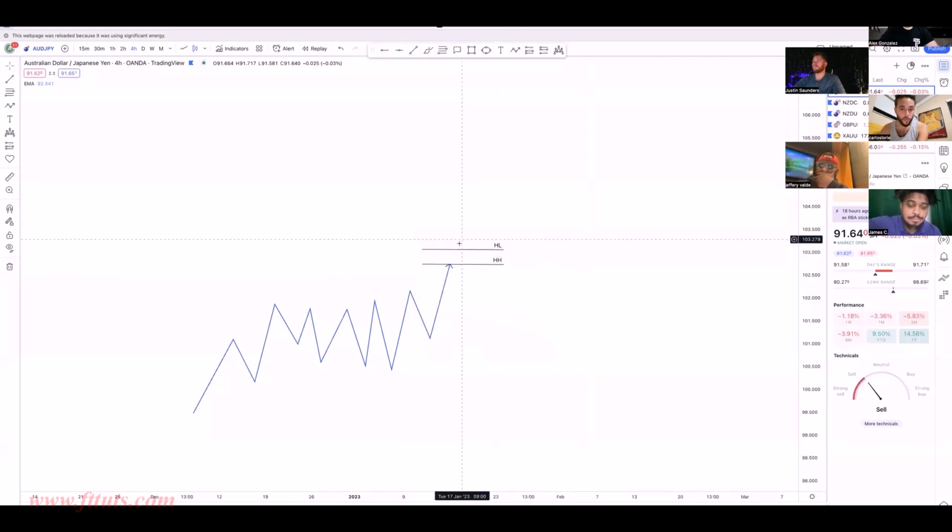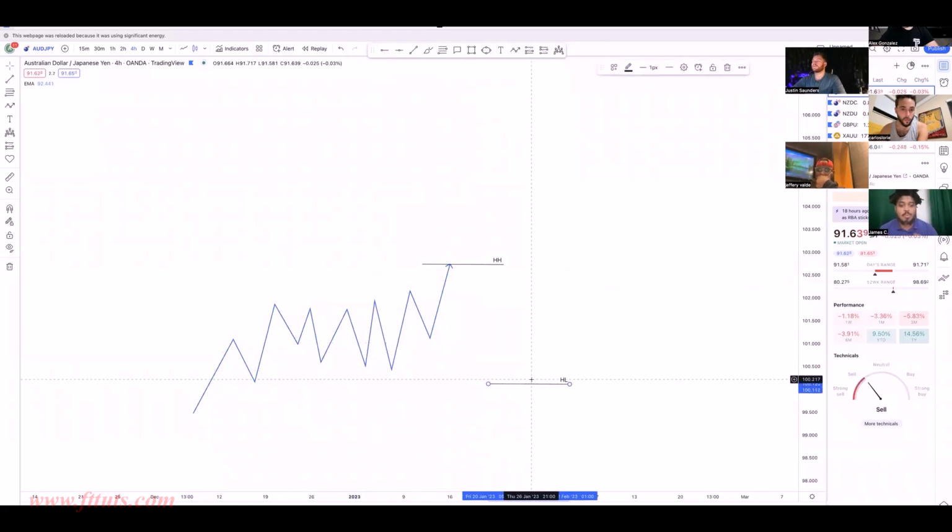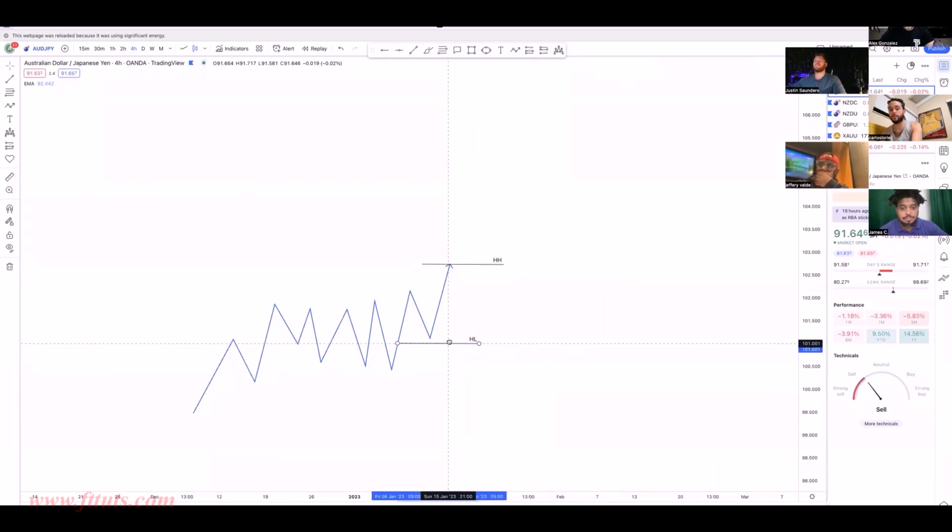Would you put your higher low at point 1, 2, or 3? 1, 2, or 3. Okay, 70% of you got it. You have to mark it off at the last structure point, which would be point 3.